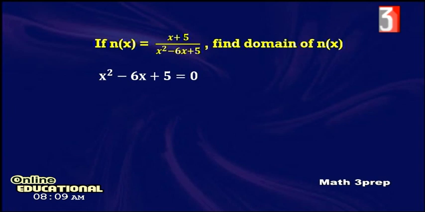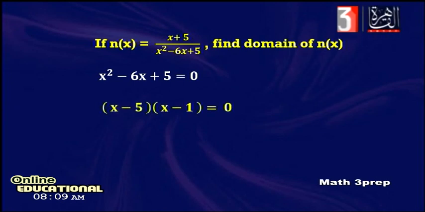Looking carefully, yes, you are going to factorize x and x. What about 5? It is only 1 by 5. What about the last term sign? It is positive, so both terms are with the same sign according to the sign of the middle term, which is negative. So you are going to obtain two brackets as x minus 5 times x minus 1 equals 0.